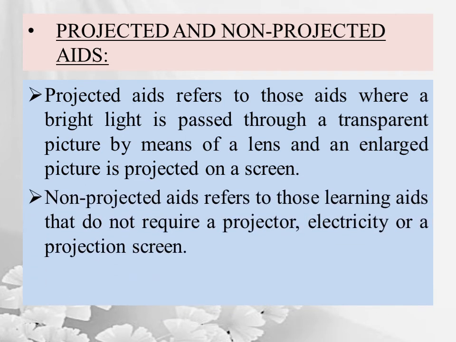On the other hand, some visual aids, such as charts, posters, pictorial materials, models, and many more others do not require a projector, electricity, or a projection screen, so they are referred to as non-projected aids.